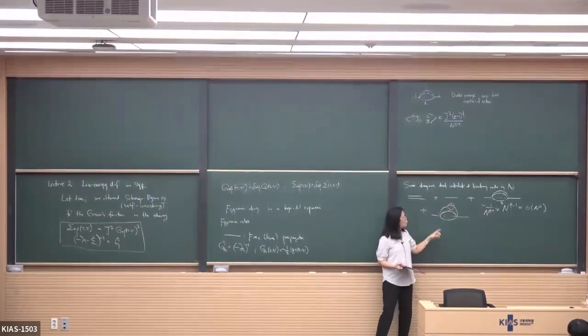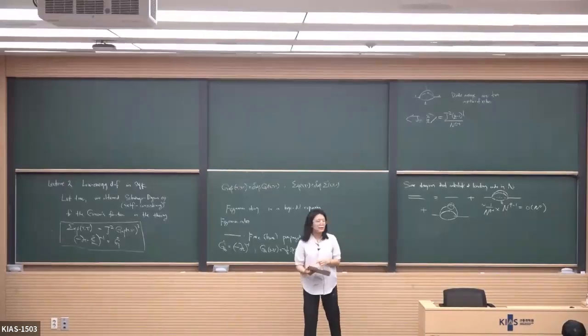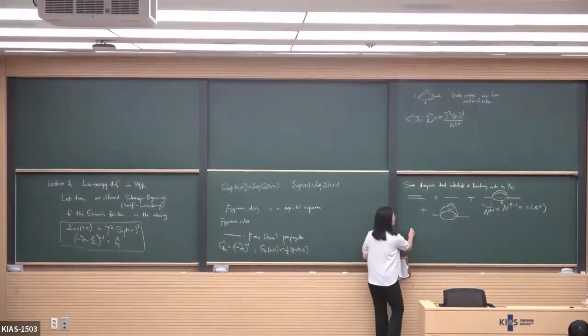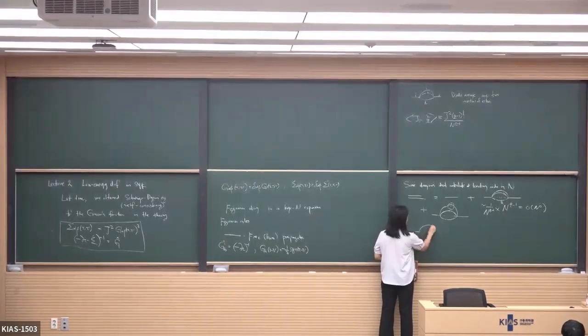What's a diagram that won't scale like n to the 0? What about this diagram? We have something like this. Let's see.